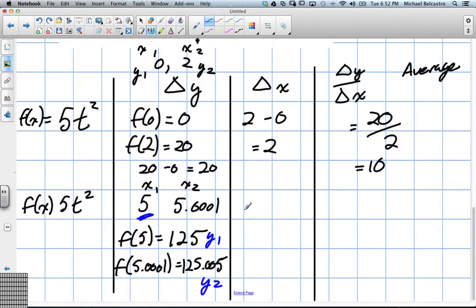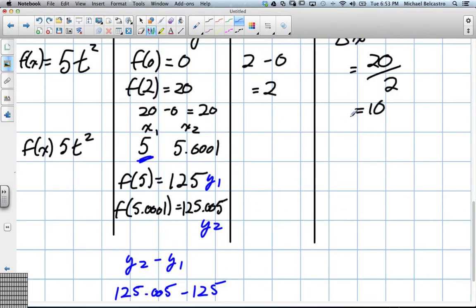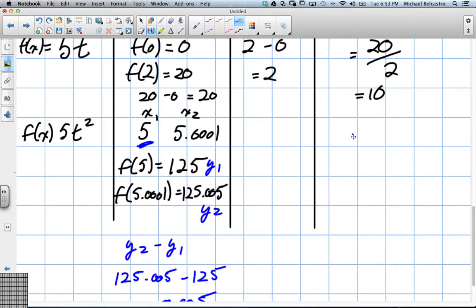And we already know that, if we were to subtract these, sorry, we don't already know that. If we were to subtract these, y2 subtract y1, that'll give us our change. So that's 125.005, subtract 125. What's that going to give us? 0.005. So our change in y in this case is 0.005.